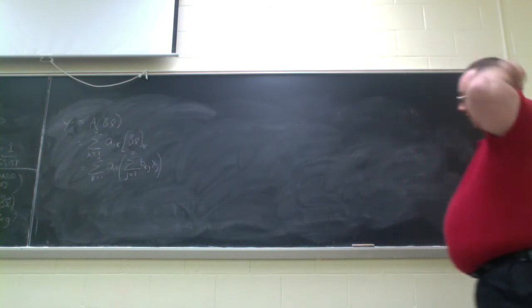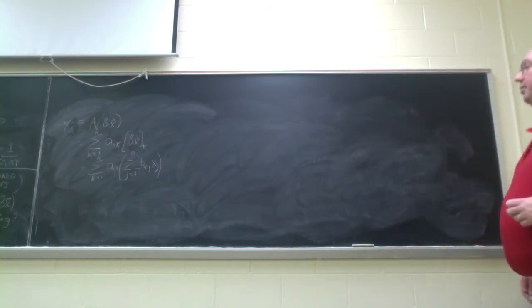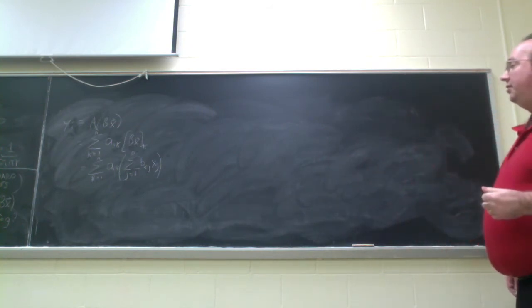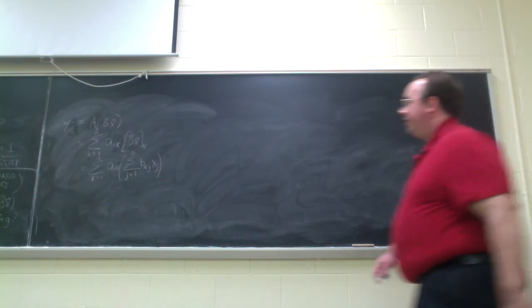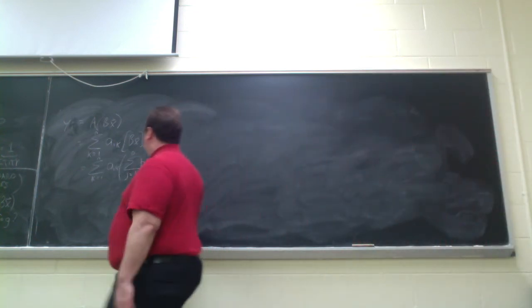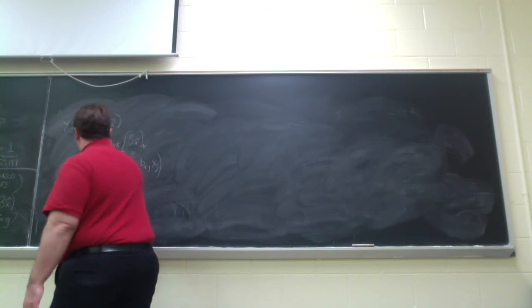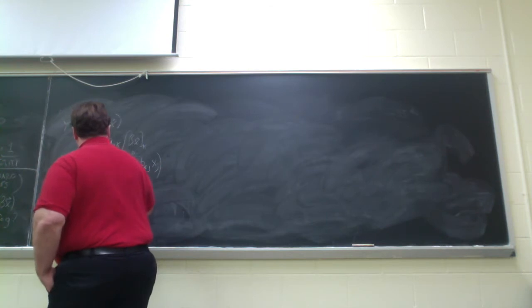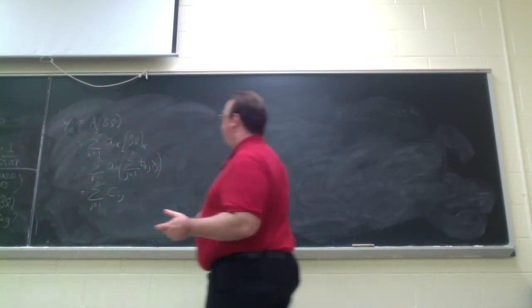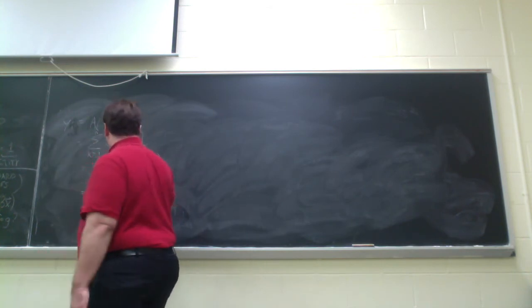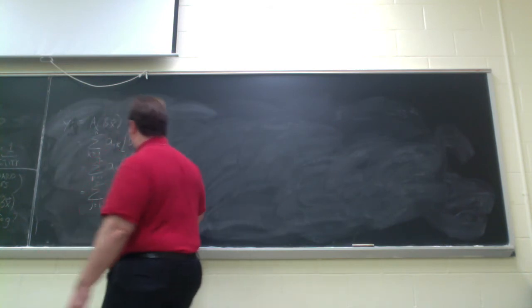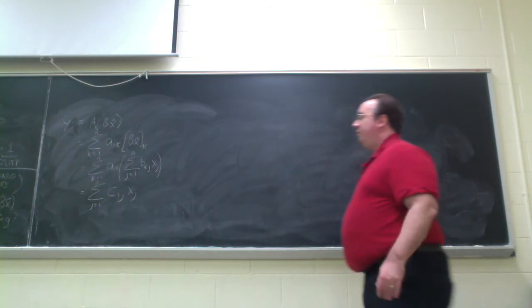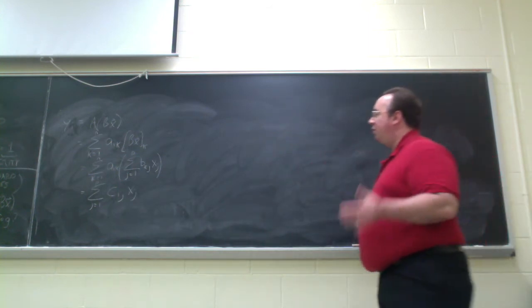All right. So now what I'd like to do is express this as a single matrix vector multiplication. So that would be the sum of c_ij x_j, where C has to be determined.